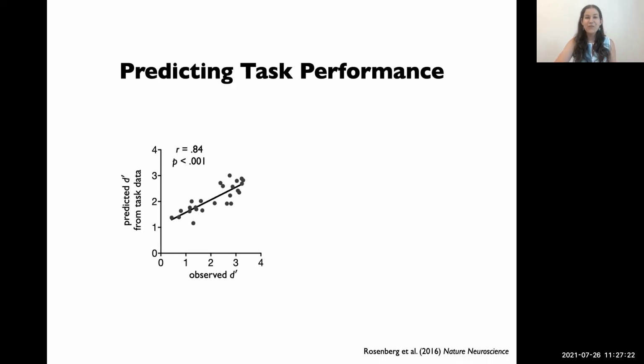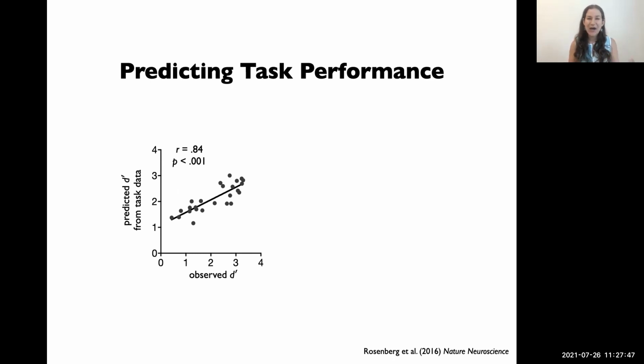As you can see, our model significantly predicted sustained attention task performance, right? Capturing over 70% of the variance in how well people perform the task. And so this suggests that we can look at an individual's functional connectivity pattern and predict with a fairly good degree of accuracy how well they're performing on the task.